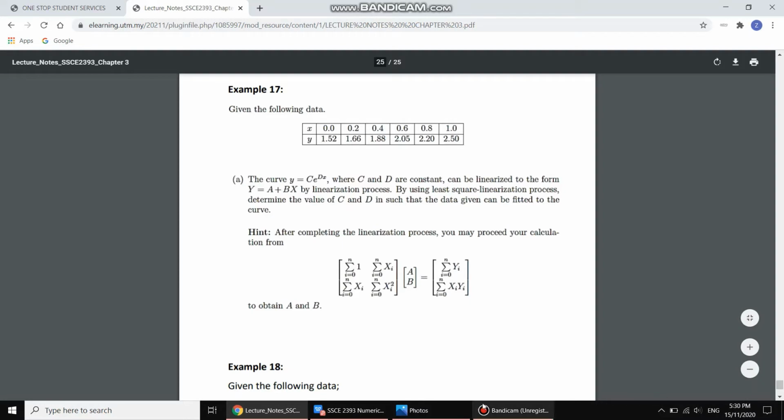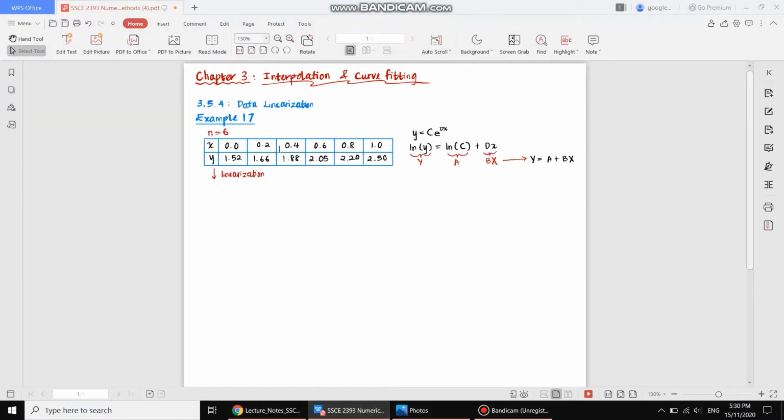Okay, so now we start by copying down the table from the question. And from the introduction, we know that y equals c e to the power of dx can be written as ln y equals ln c plus dx.